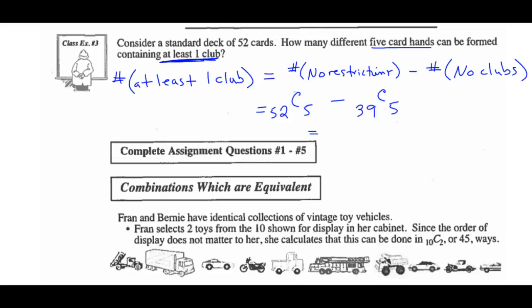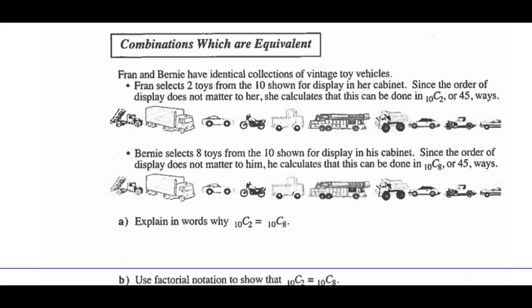All right? So if you do that, you get 2,023,203. There's the number of 5-card hands that have at least 1 club in them. All right? So the idea of a complement makes us have a lot less work. Let's look at combinations which are equivalent.